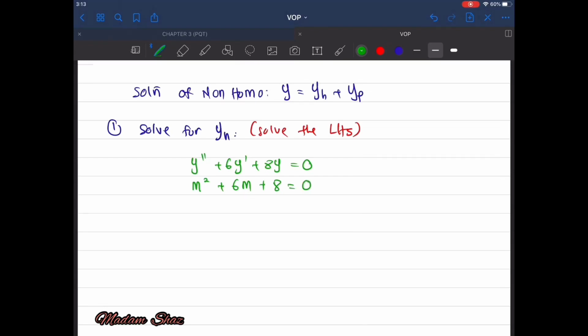Then by using your calculator, find the value of m. So m1 is equal to negative 2 and m2 is equal to negative 4. The roots that we have here are different roots.